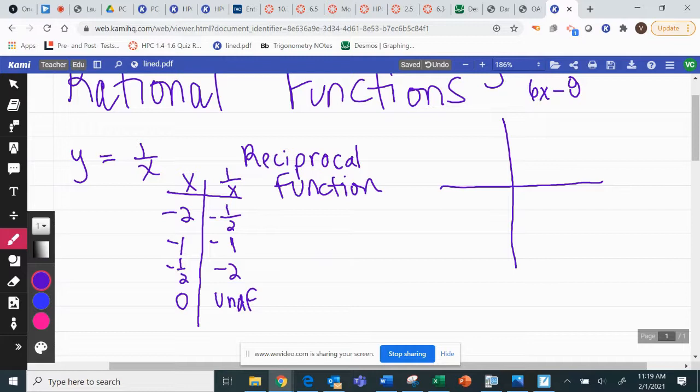It is undefined. And because we had that undefined, we went over the word asymptote. At x equals 0, there is an asymptote. So on my graph at x equals 0, I'm just taking another color so I can see it. I have an asymptote. That means the graph is not going to cross through that.